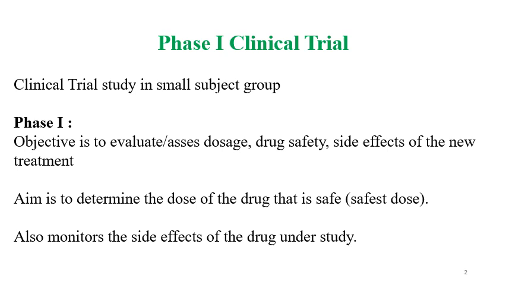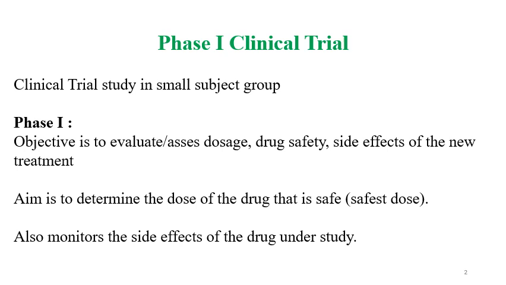So this is the main objective of phase 1 clinical trial, to understand and evaluate the dosage, drug safety and side effects. The aim of phase 1 study is to determine the dose of the drug that is safe. So safest dose determination is the prime objective of phase 1 clinical trials.